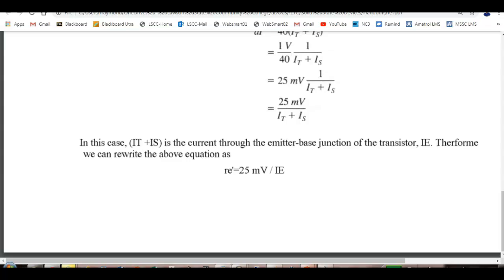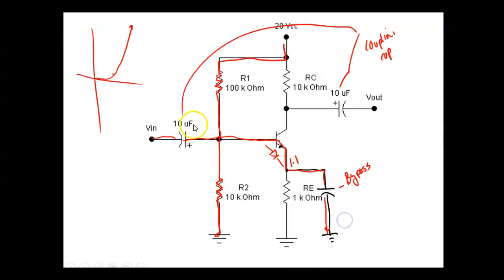So what would that give us? So what did we come up with? We had 1.1 volts, so we got 1.1 milliamp. That's about 23 ohms.